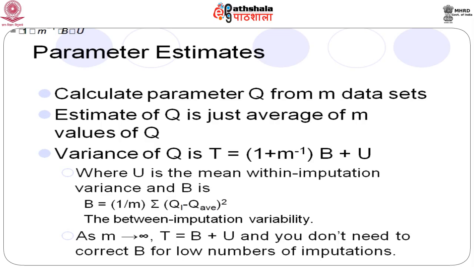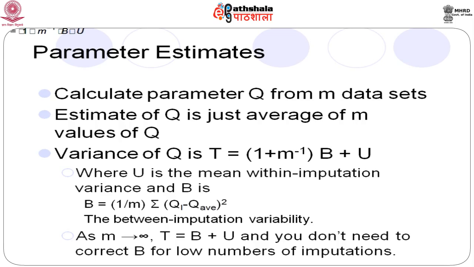I said that there are m sets in multiple imputation, that is, blocks of generations for every missing observation and the parameters. So, suppose there are m data sets generated this way.